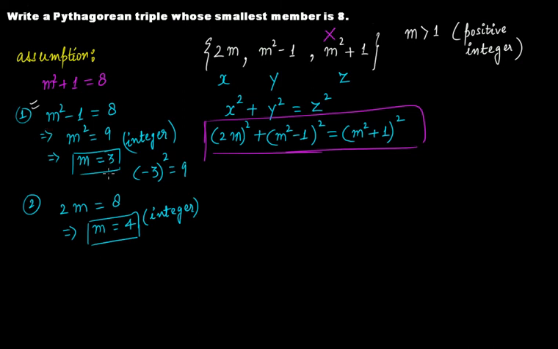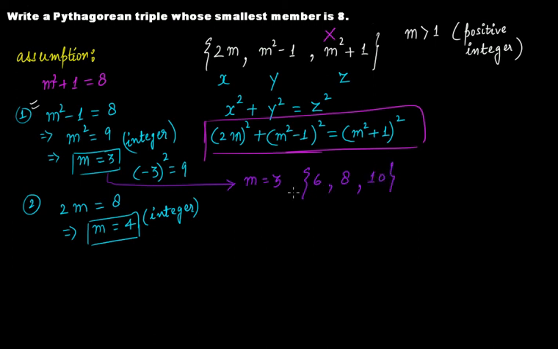Now, let's take m is equal to 3. If you take m is equal to 3 and find these values, 2m means 6, then 3 squared is 9, minus 1 is 8, and then 3 squared 9 plus 1 is 10.